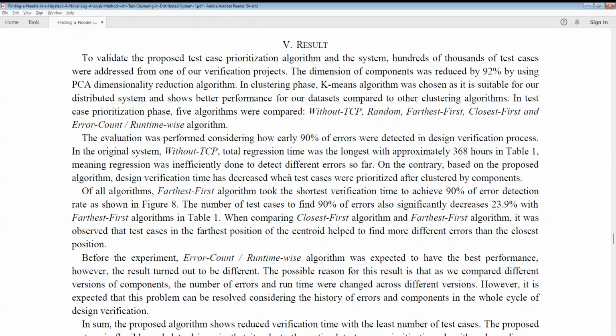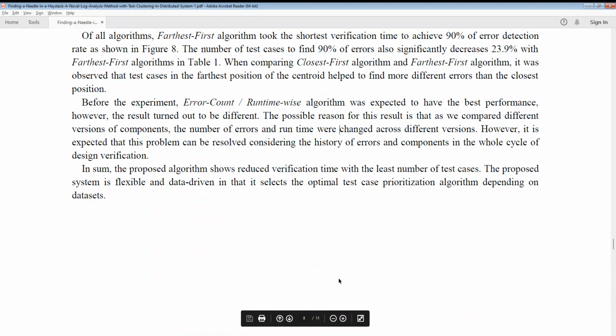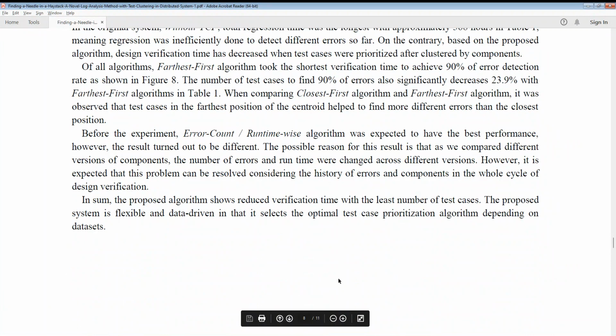However, it is expected that this problem can be solved by considering the history of errors and components in the whole cycle of design verification. In sum, the proposed algorithm shows reduced verification time with the least number of test cases.